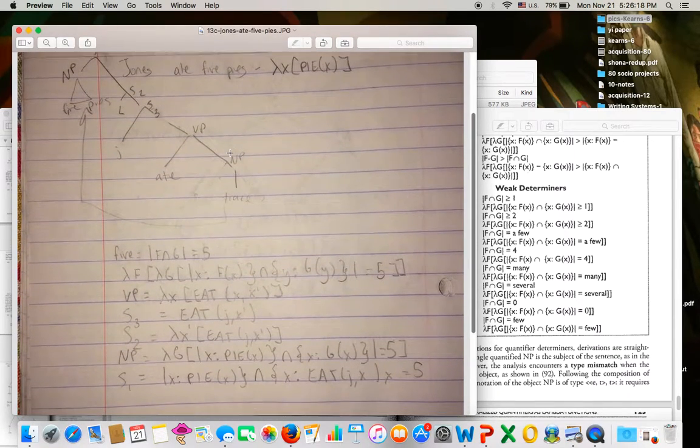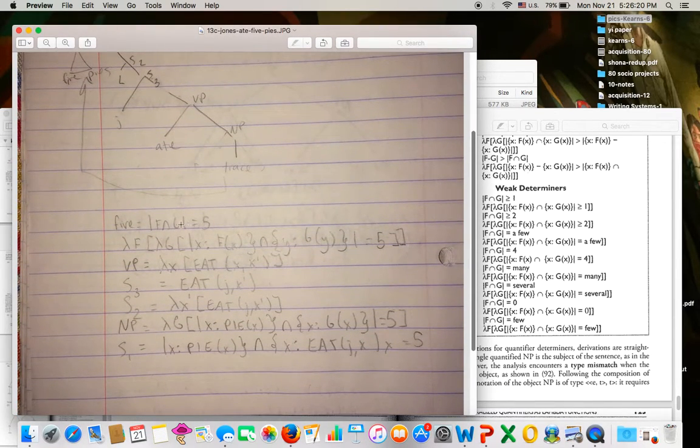Okay, so here's just the simple set representation of 5. If you use 5 as a quantifier, that means there's an overlap of two sets, an F set and a G set, and the cardinality of that overlap is 5. So the number of entities in that overlap is 5, and the straight lines indicate cardinality.